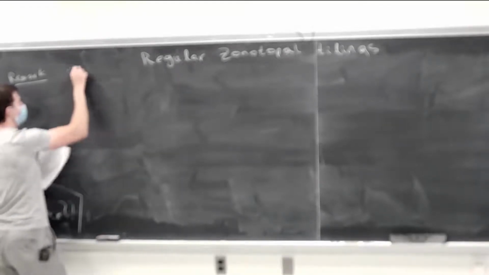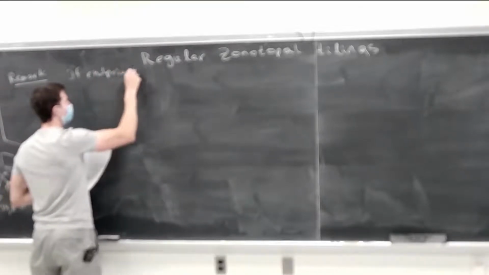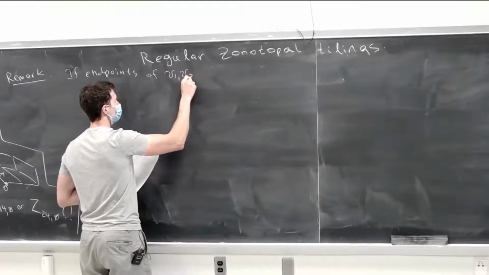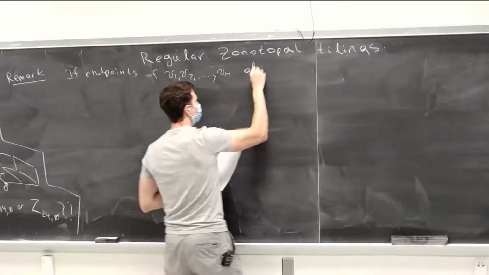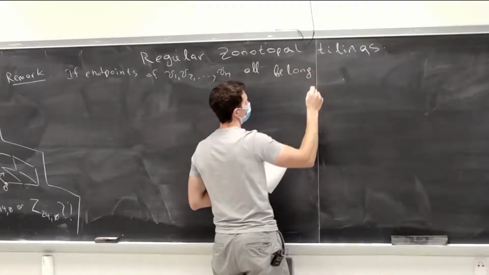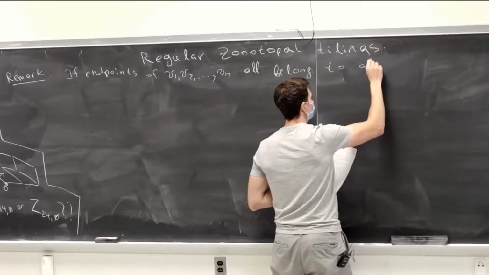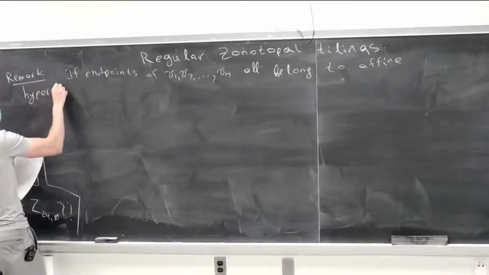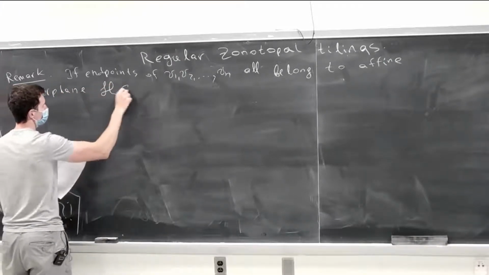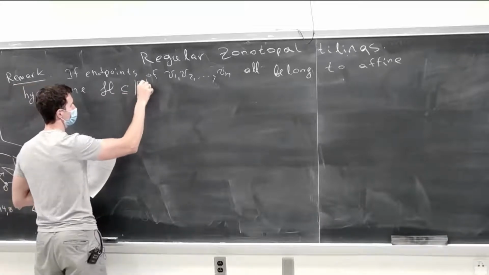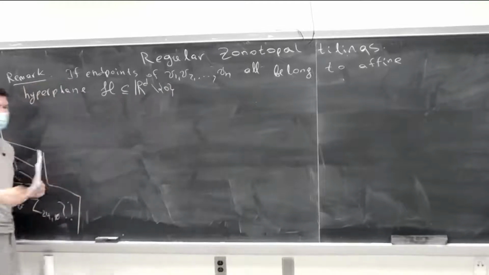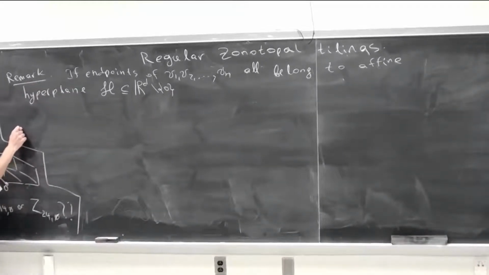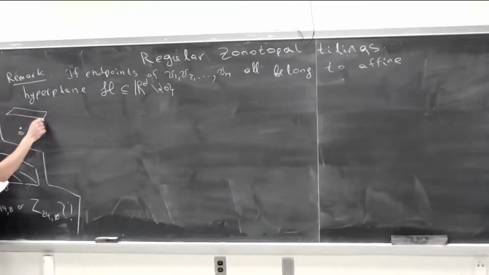If the endpoints of V1, V2, etc., Vn all belong to some affine hyperplane H in R^d, which does not contain the origin, then the picture is: I have the origin, and then I have this affine hyperplane H, and my vectors all have endpoints on this hyperplane.